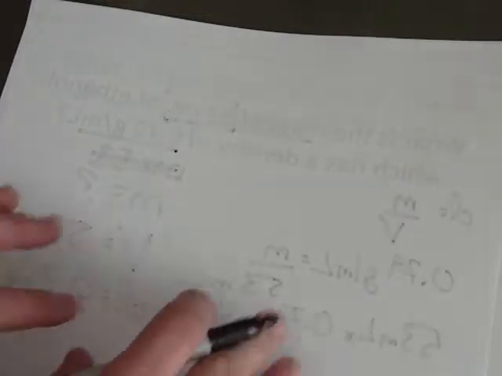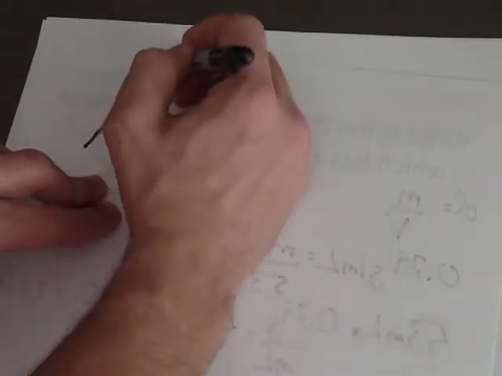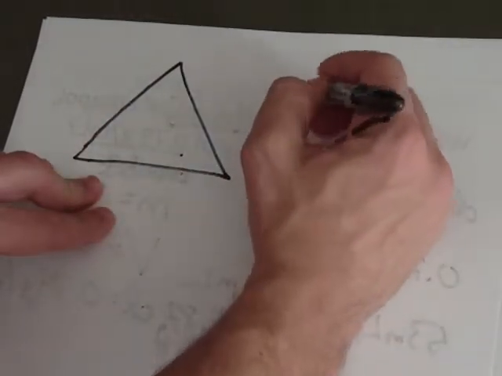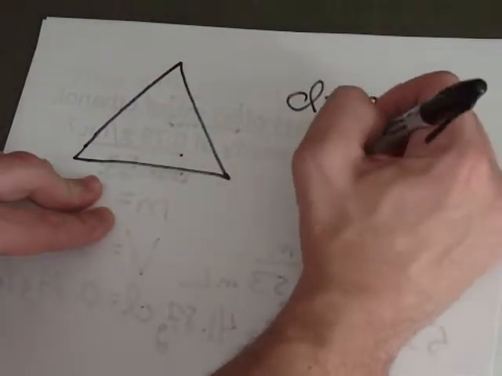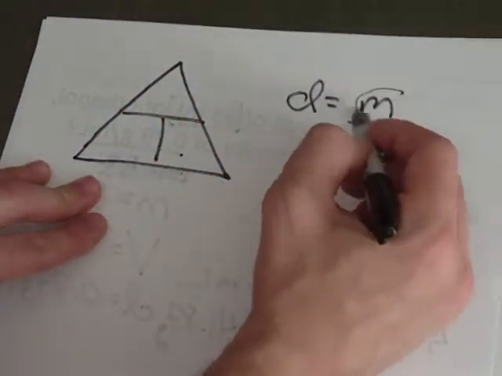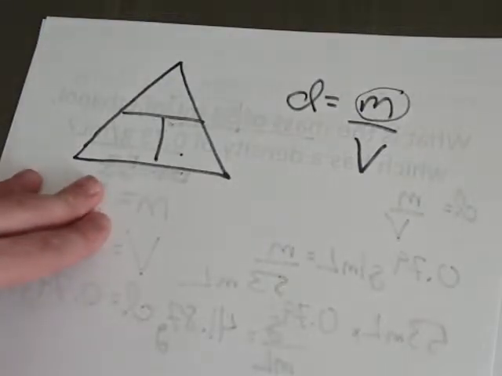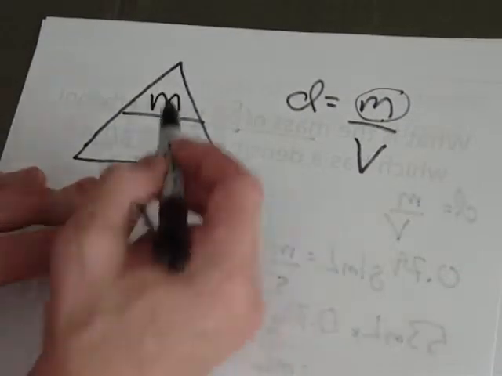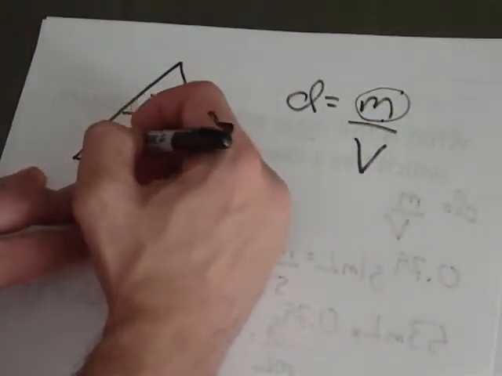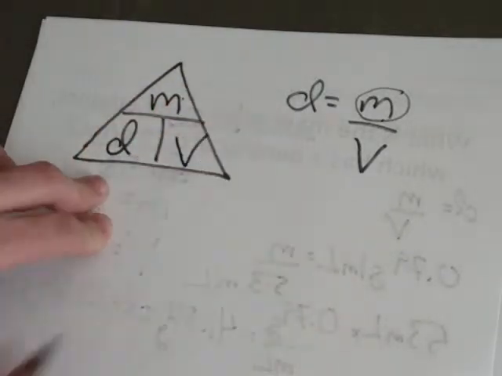I'll show another way you can do it, using those same values. We could use the triangle method. So in the triangle method, we have D is equal to M over V. Since mass is in the numerator, mass goes on the top of this triangle. And then D and V go down on the bottom.